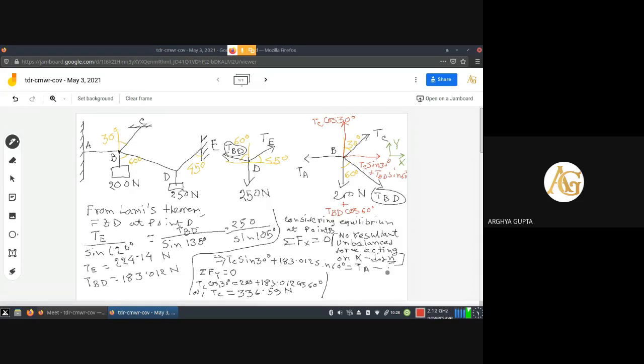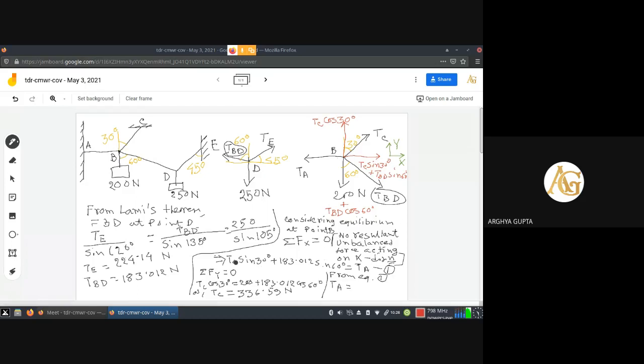Now if I put this TC value here, the only unknown is TA. Let us name this equation 1. From equation 1, I will have TA is equal to, I have to put the value of TC here.